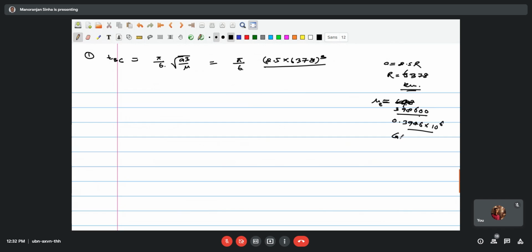Mu Earth means the mass of the Earth times the universal gravitational constant.